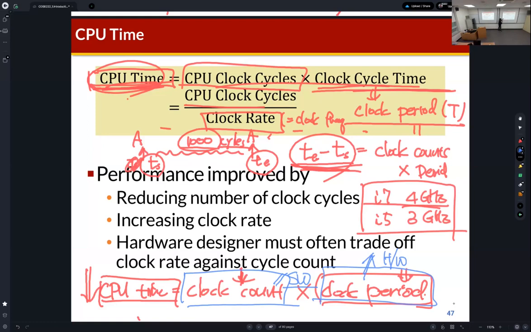So in order to reduce the clock count, we can develop better software, using improved software algorithms. So if we see this equation, then we can say, if we want to improve the performance, then we can improve the software, or we need to improve the hardware.